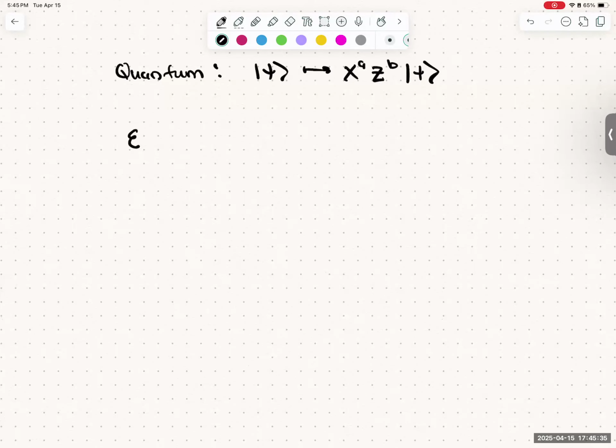You have basically some quantum channel, which means a probabilistic mixture of unitaries depending on these two bits, from linear operators on C^2 to linear operators on C^2.